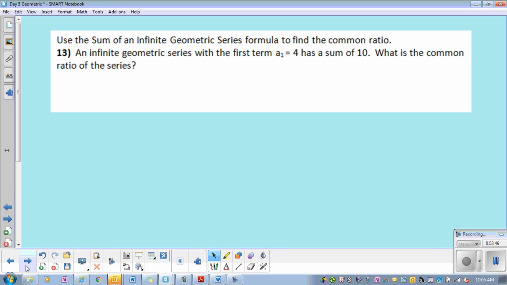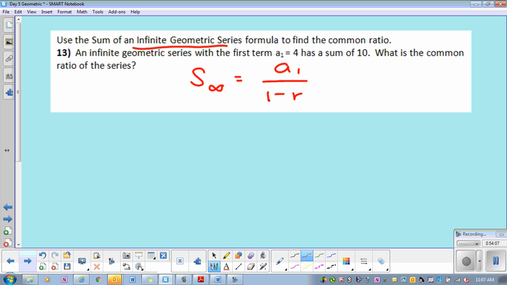All right, so we're going to try one more thing. We're going to use the sum of an infinite geometric series formula to find R, because sometimes you don't know R, but they'll tell you all the other stuff. So, infinite geometric series, that means I'm going to use this formula. It says an infinite geometric series with the first term a sub 1 equals 4 has a sum of 10.